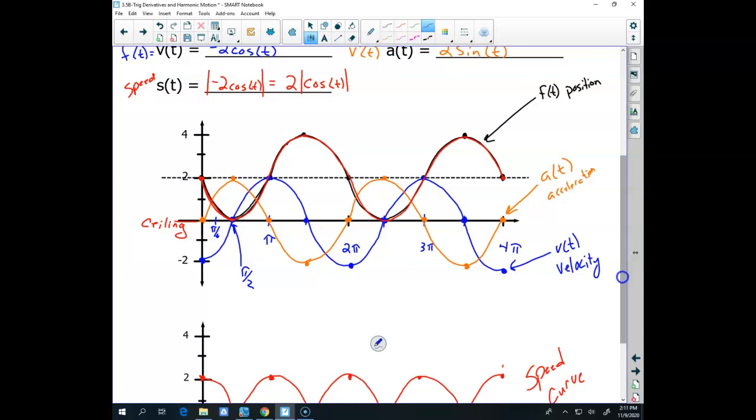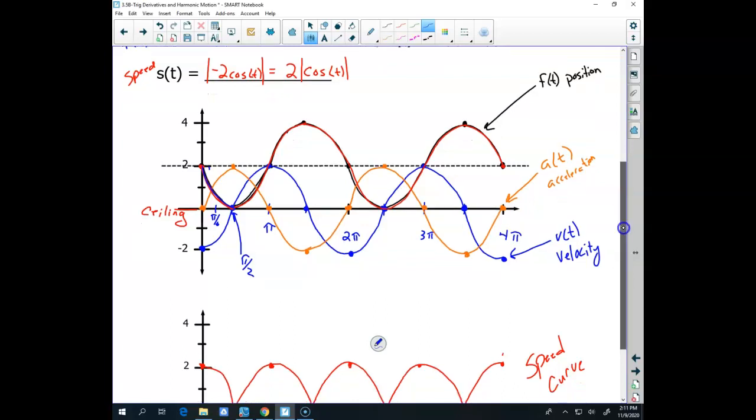Is it speeding up or slowing down? Well, hey, I can get that off my position curve really easy. Because I can look at my position curve, and remember, speeding up, slowing down, we said, what's it doing from here to here? Well, my curve is getting less steep. So if my curve is getting less steep, what's the object doing? Oh, it's slowing down, okay?